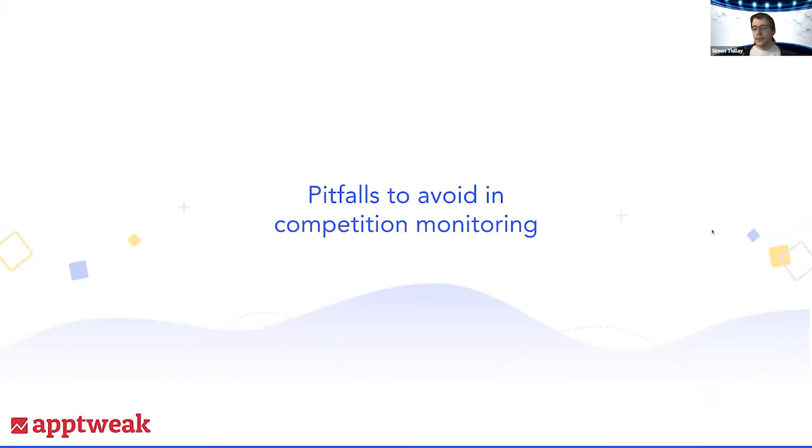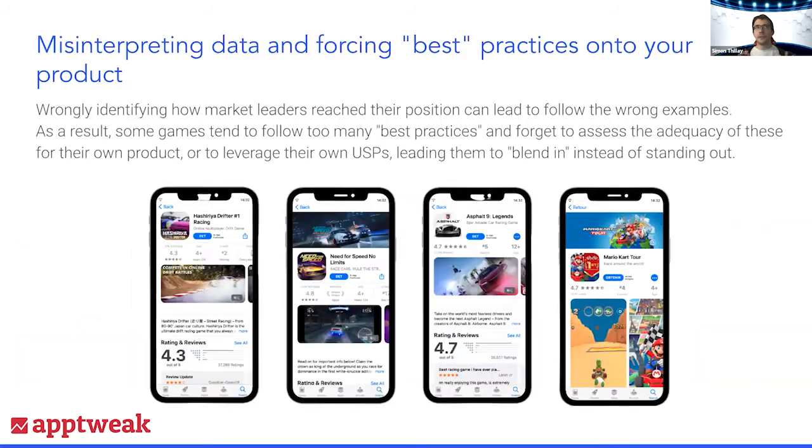Now, before I open to questions, there's two main pitfalls I want to talk about when it comes to competition monitoring. The first one is misinterpreting the data and forcing best practices onto your own product. So for that one, I came back to racing games to show that if you look at 3 of the top racing games, you see that they all use a video.